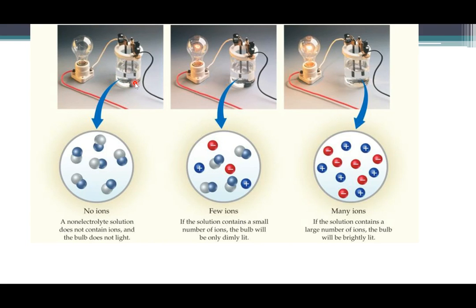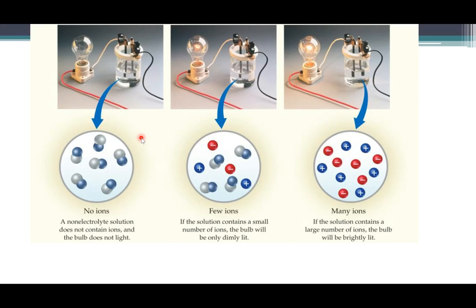This first solution would be an example of a molecular compound. So if I were to dissolve sugar into water, remember those do not dissociate, they do not break apart. So we would have no ions in solution, no charged particles, so there'd be nowhere for that electricity to go.